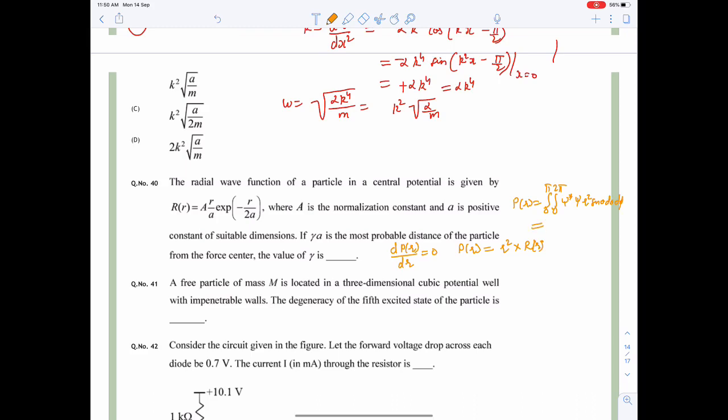So you can calculate from here and from here also. When I calculate from here, I will get r square into R, a r by alpha e to the minus r by 2a.